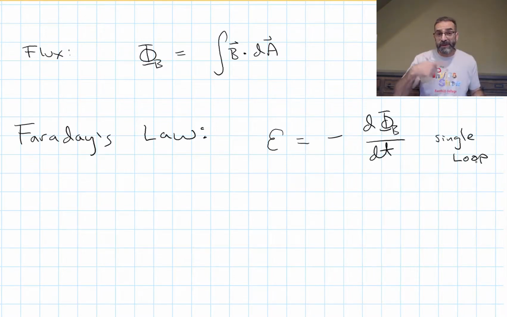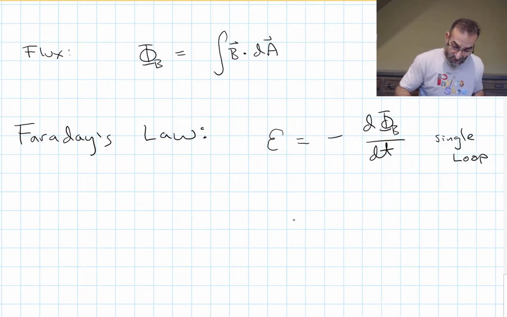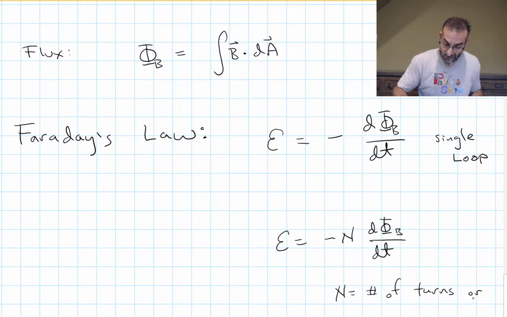We often have more than one loop because we're trying to magnify the effect that the changing magnetic field has on our circuit. So we would add the number of loops. Why the minus sign?